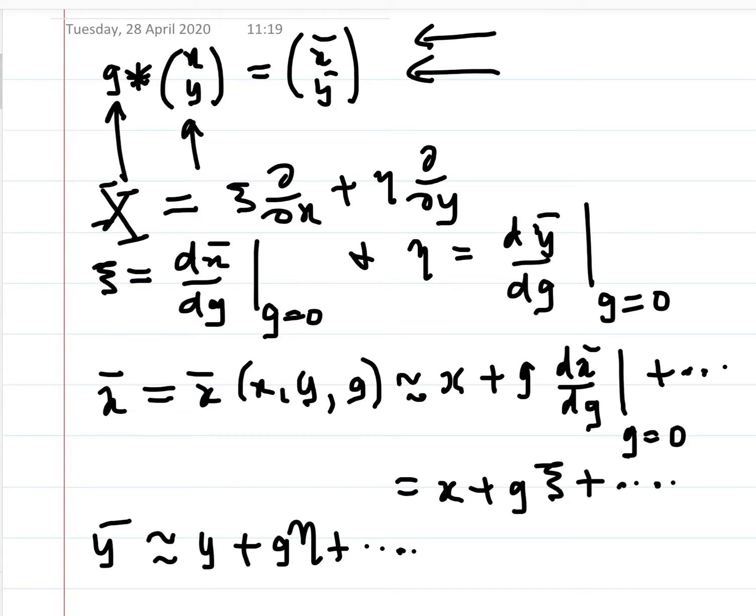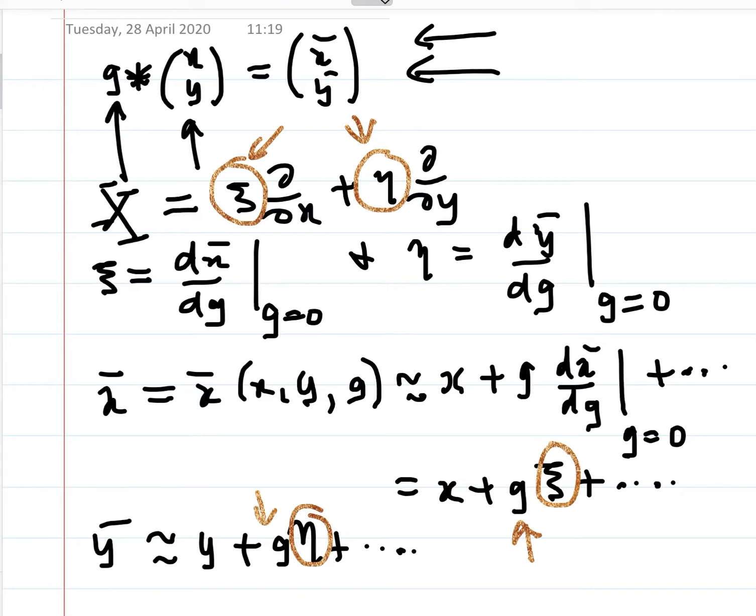So the vector field, the tangents that represent the one parameter Lie group of transformation, have these coefficients xi and eta featured as coefficients of g. Keep this in mind: the coefficients of g in the expansion of x bar or y bar give us xi and eta, which feature in the vector fields respectively.